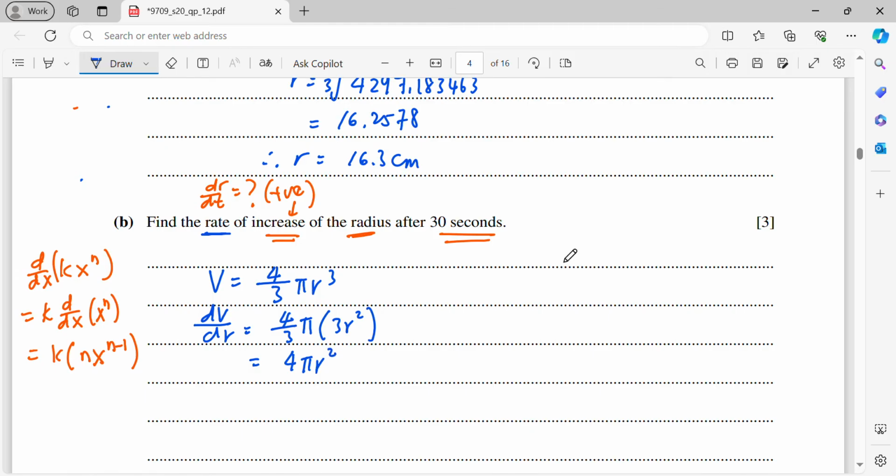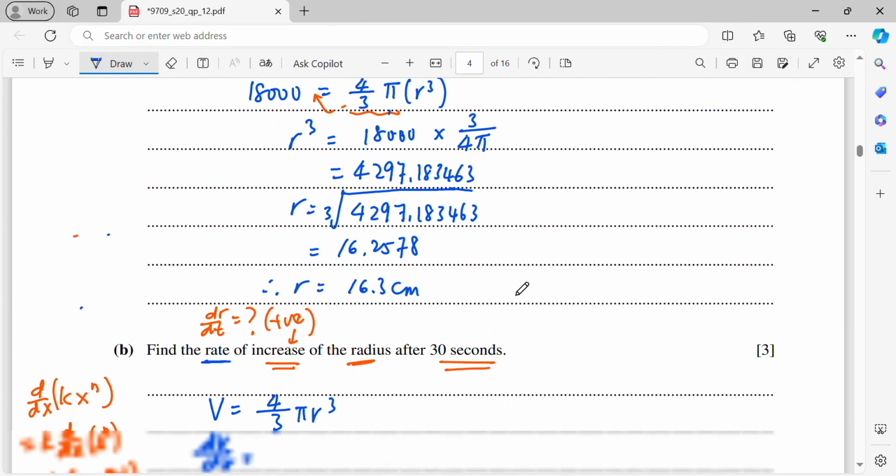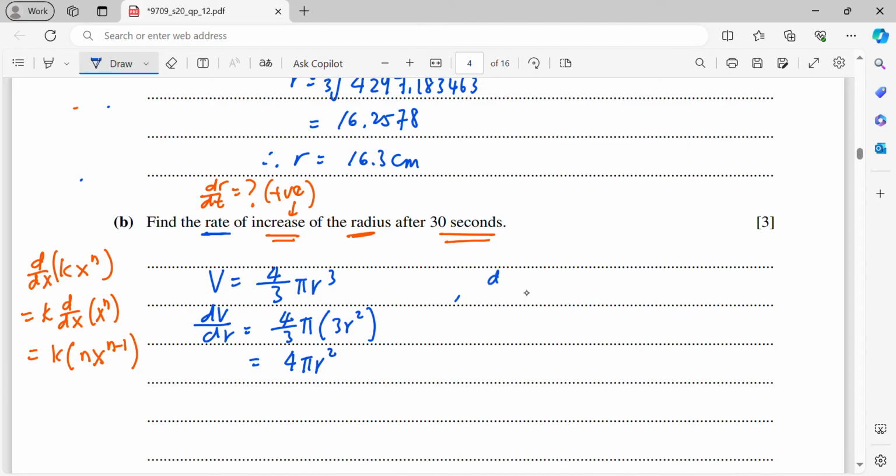Okay, and now, just now you were given dV dt is 600. So here I will write down dV dt is 600, positive. And now you need to find what is your dr dt. So I will write dr over dt. I need the r in the numerator, so I must write dV dr here first.